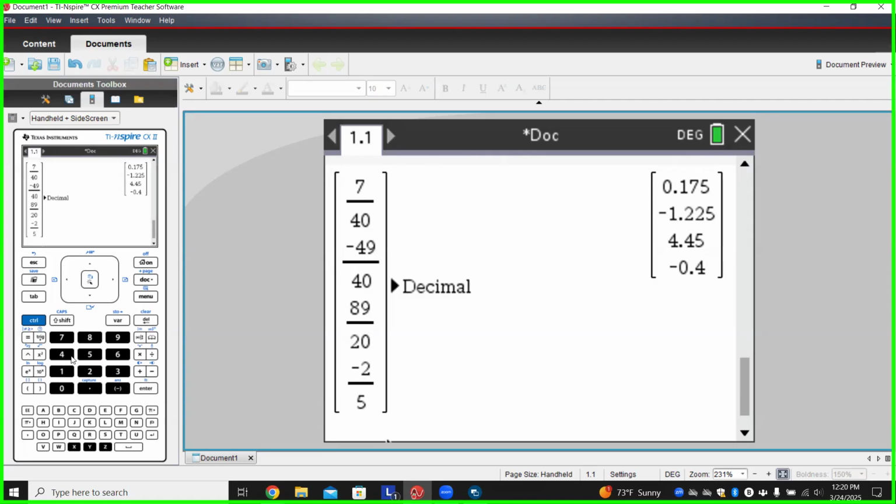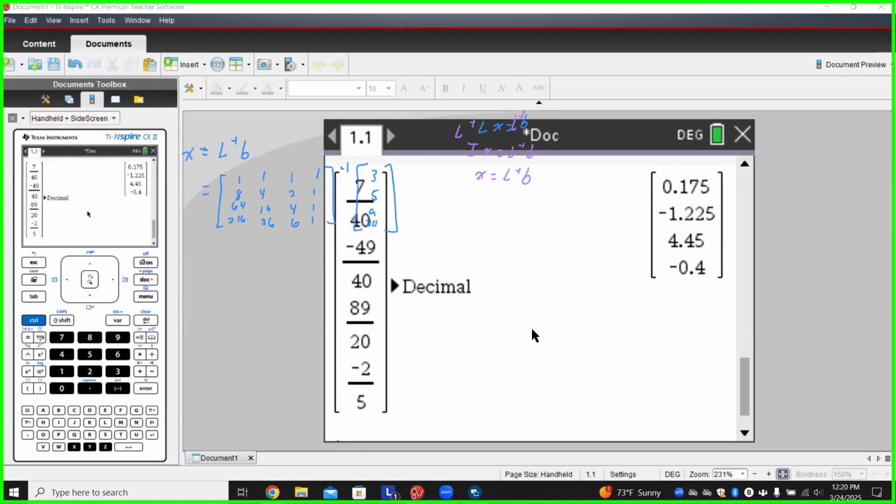All right, so if I bring all that back, you've now solved it. That was part C. Part D says, based on your solution to the system, what cubic equation models this data? So now this is what you would do. I'm going to write it here in this blank space.